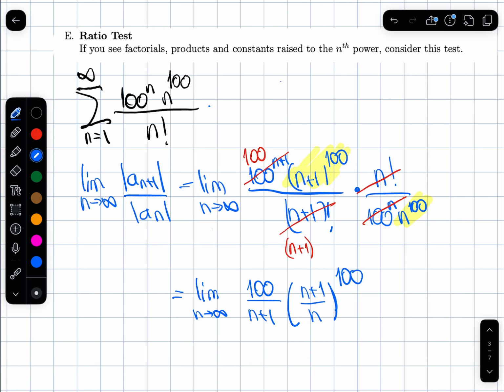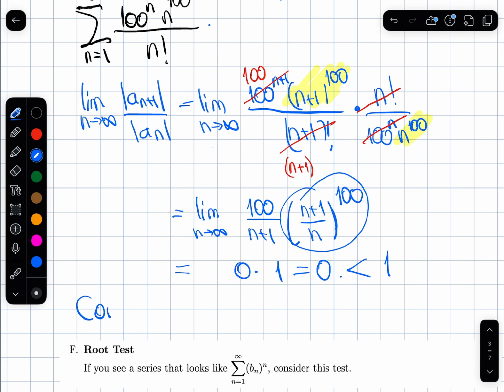So this is going to be 0, and the other part is going to be 1. So this is 0, which is definitely less than 1. So this is going to converge, and actually absolutely, by the ratio test.